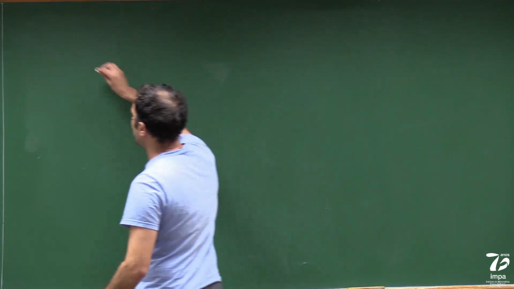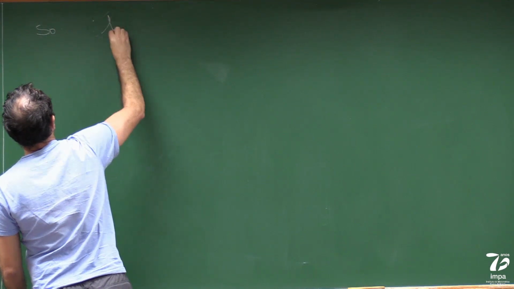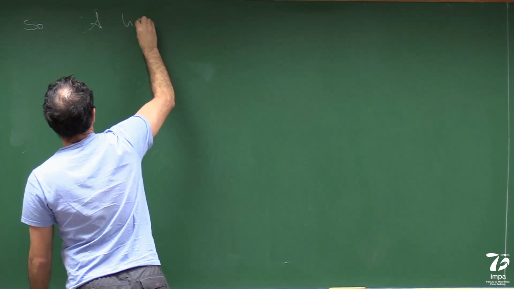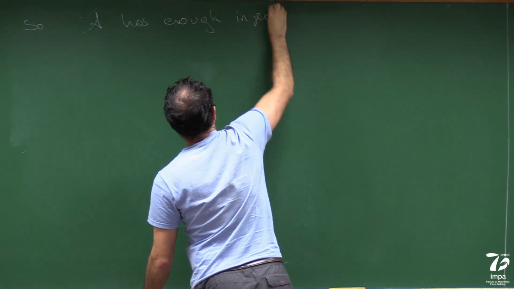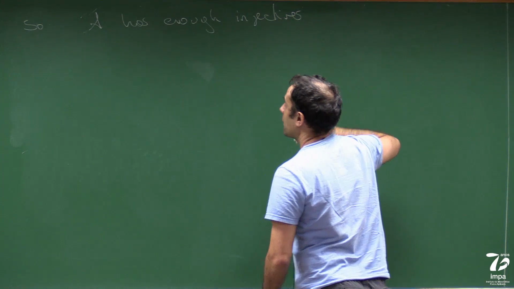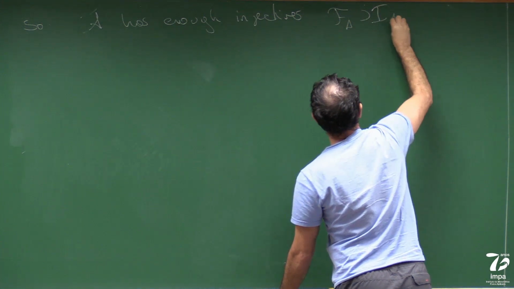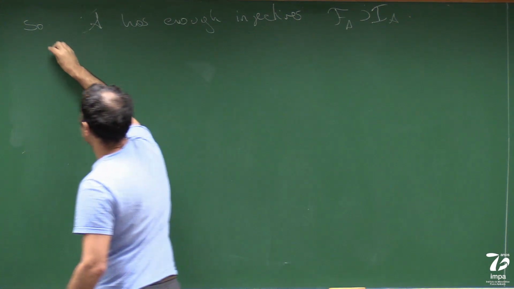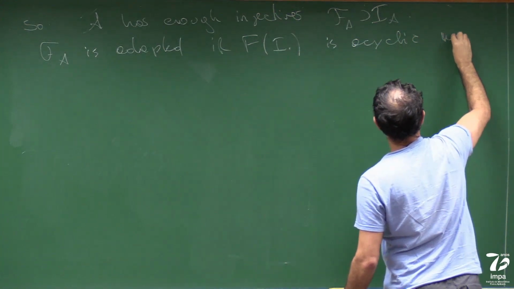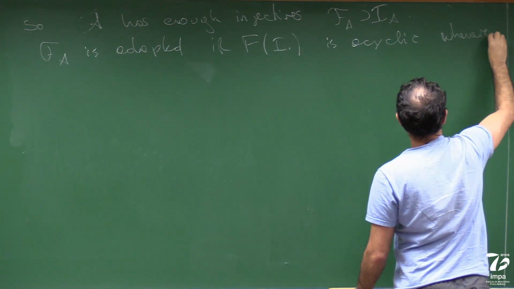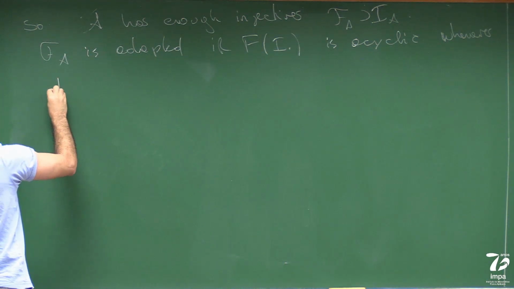So if your category A has enough injectives, and F_A contains all injectives, then F_A is adapted whenever F sends acyclics to acyclics when I is acyclic.